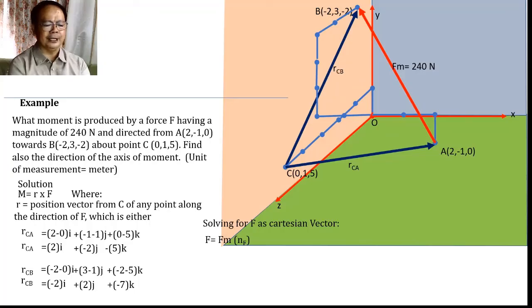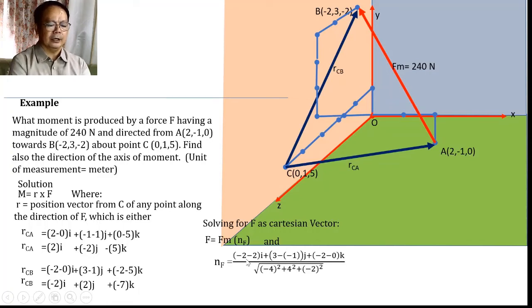Similarly, we can solve for the vector F as a Cartesian vector, and we understand that F is equal to the magnitude of the force multiplied by the direction of the force, where the direction of the force can be taken as the coordinates of the points between B and A divided by the distance between them, and that is (-2 - 2)i plus (3 - (-1))j plus (-2 - 0)k divided by the square root of (-4) squared plus 4 squared plus (-2) squared.